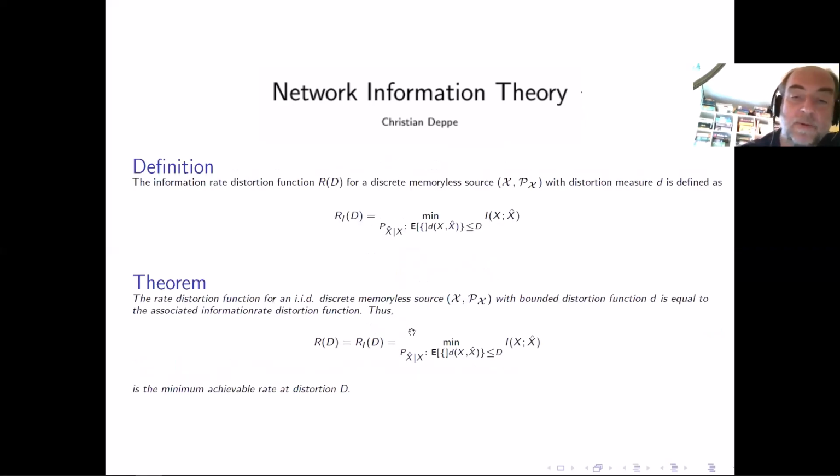What did we prove? Let's do it in a slightly different way. We write here a little i and mean this function here.